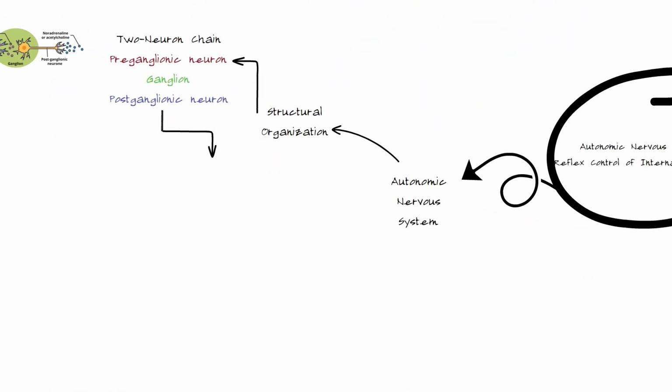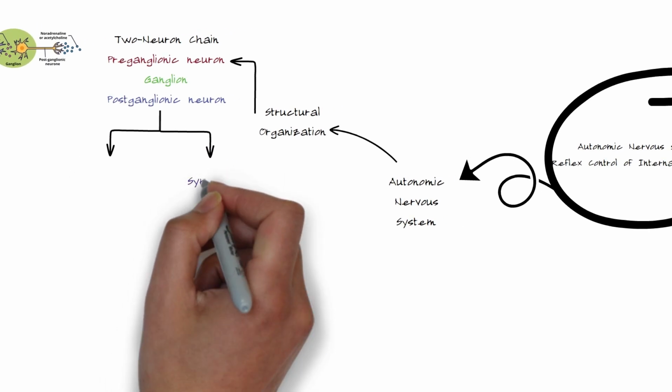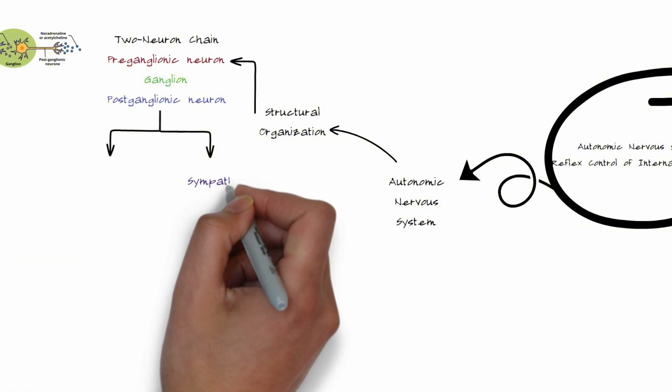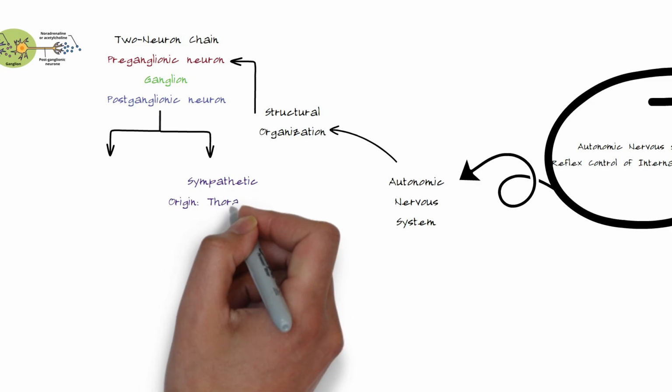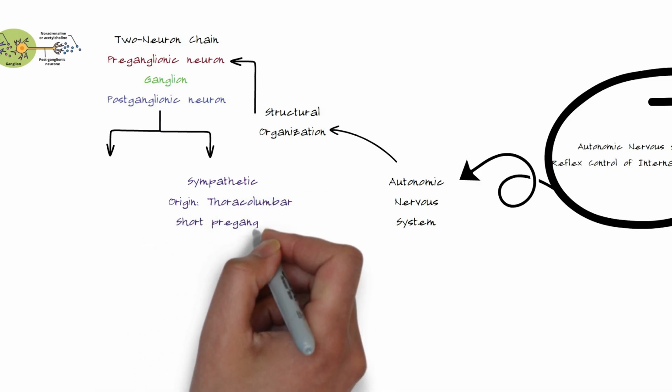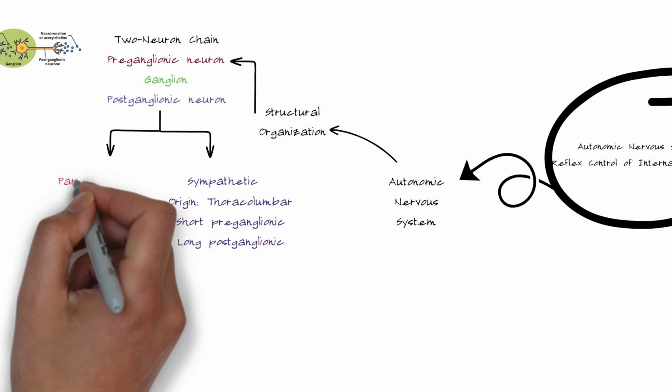Let's compare the sympathetic and parasympathetic. While the sympathetic originates from the thoracolumbar and has a short preganglionic and a long postganglionic fiber, parasympathetic arises from the craniosacral and has a long preganglionic and a short postganglionic fiber.